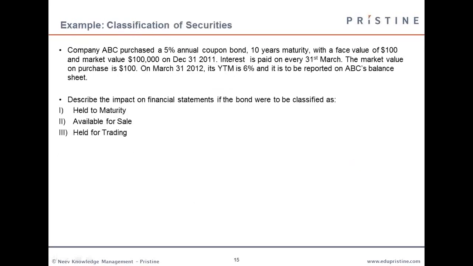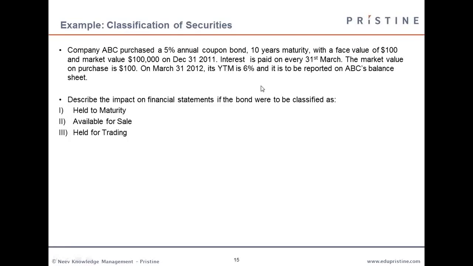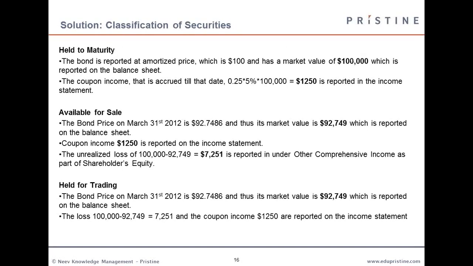So let's take an example to understand these things. Suppose you have a 5% annual coupon bond with a 10-year maturity, with a face value and market value as given. The yield to maturity is given as 6%, and the impact on financial statements is to be determined if the bond is classified under the three ways that we have discussed now.